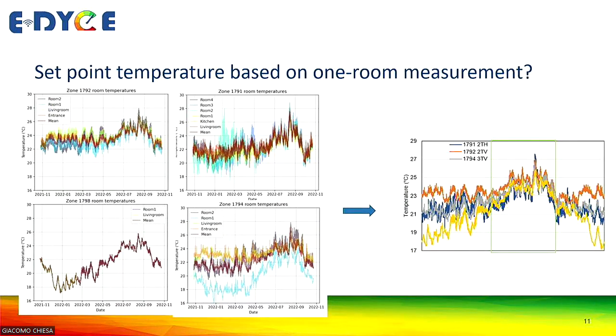So here you can see those 4 apartments again. One apartment has more or less uniform temperature in all rooms. This is what the colors are for. They represent different rooms. The next apartment is very similar. Then we have the apartment down to the right. This is the apartment where they have quite different set point temperatures in the rooms. And finally, we have an apartment where we monitor the temperature only in one room.